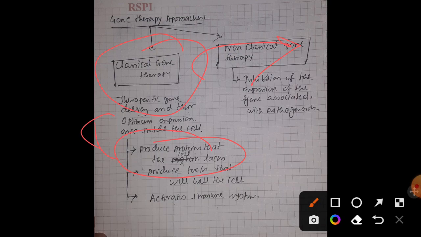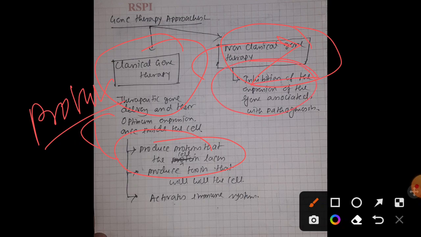That is why the cell shows some symptoms, that is why we are getting the disease, so it will be cured. That means classical gene therapy proceeds by the expression of the protein. But non-classical gene therapy focuses on the curing of the diseased gene, or inhibition of the expression of the gene. And that is how they do their job.